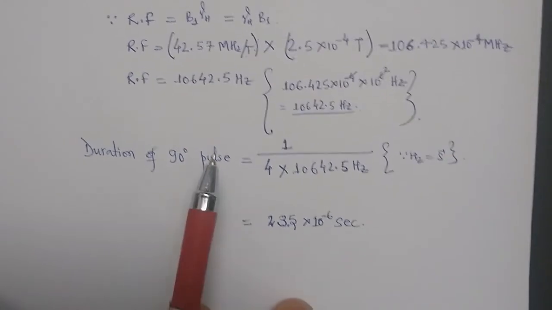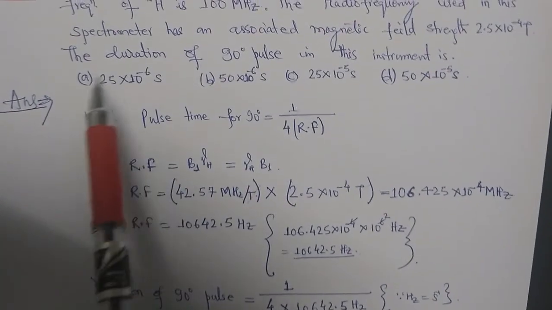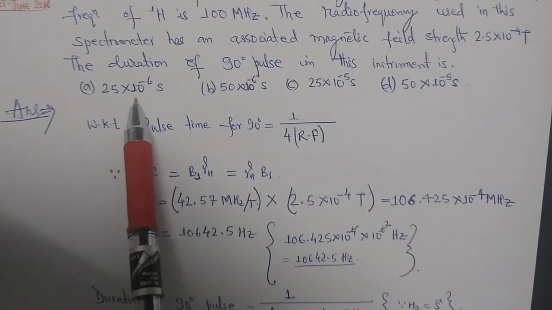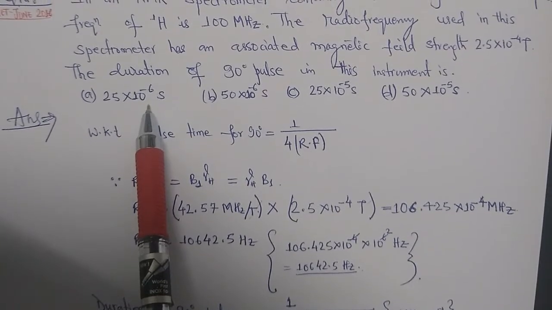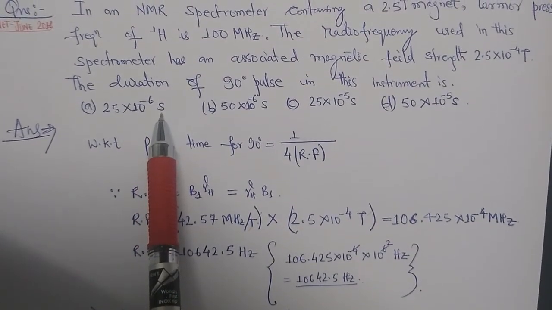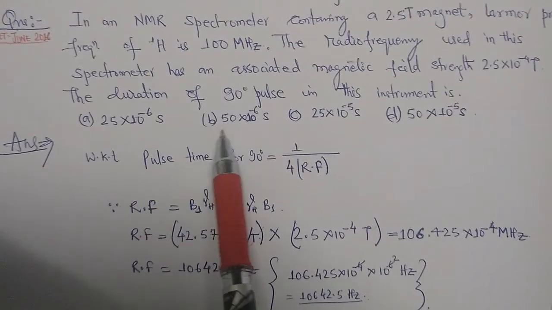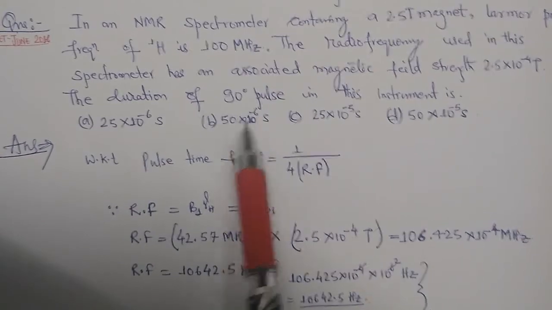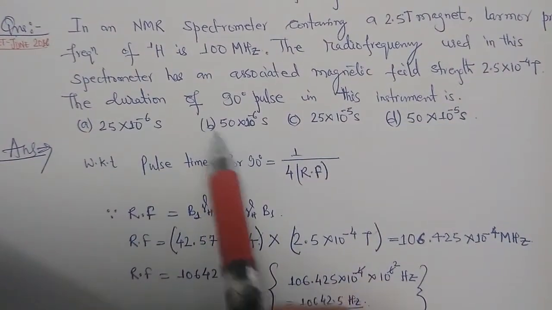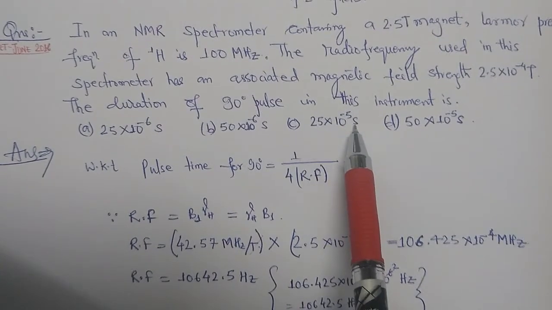Let us match our answer with the options given above. Option A, 25 into 10 to the power minus 6 second. It is near about what we got in our answer. B, we have 50 into 10 to the power 6. This option cannot be the answer. Option C, 25 into 10 to the power minus 5 second.